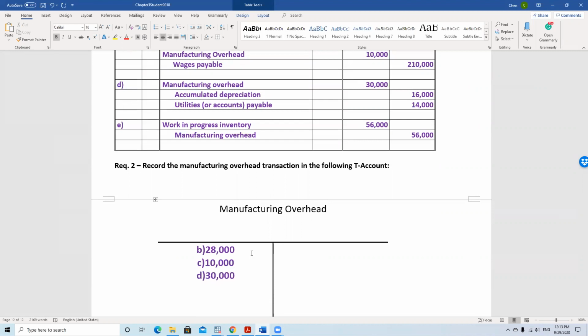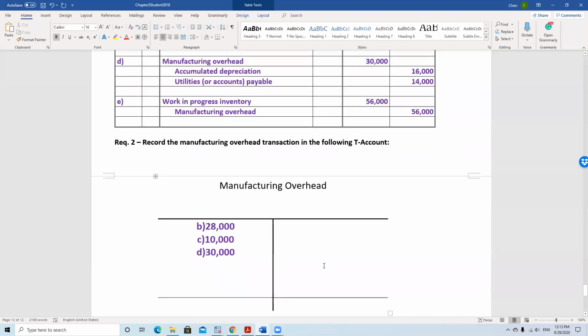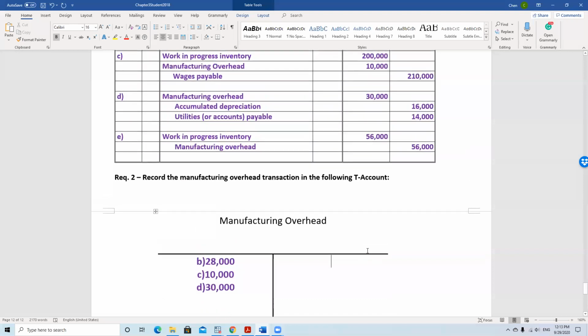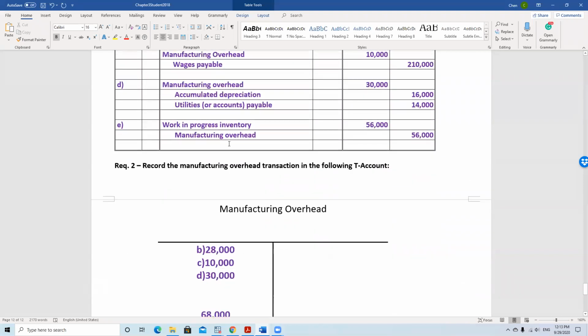And then, okay, I think that's it for the debit. The total is 68,000. And then for credit, we only have one, where we allocated our manufacturing overhead, which is 56,000.